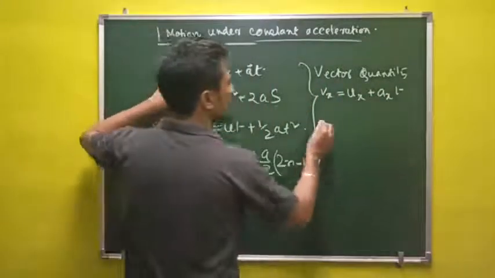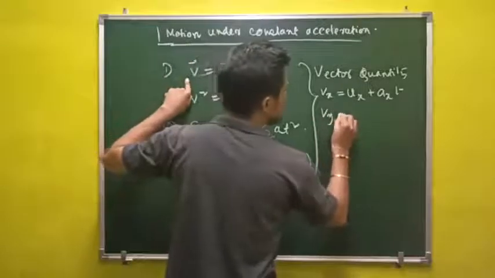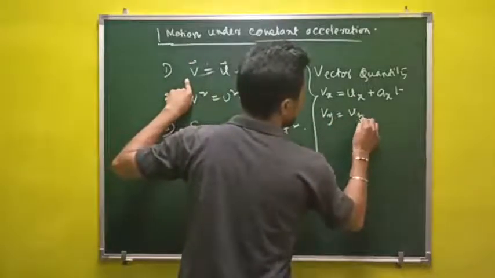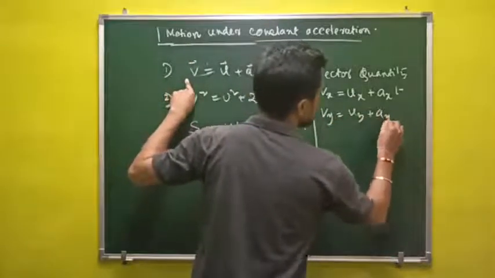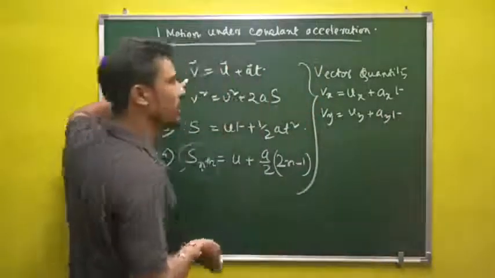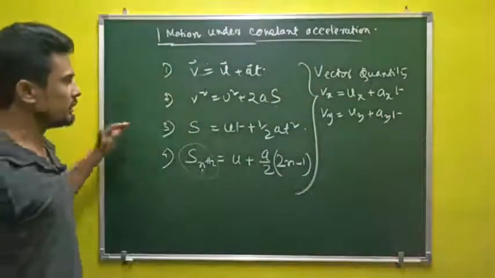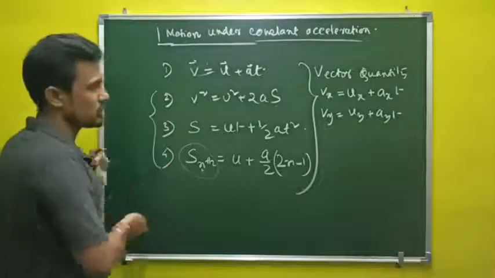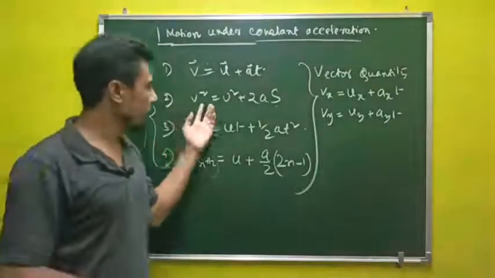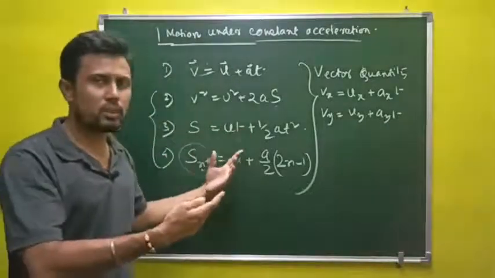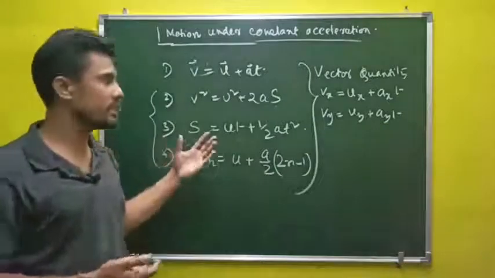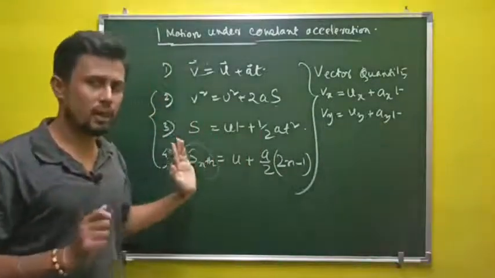Again, if you consider the equation along the y-axis, then these vector parameters should also be along the y-axis. Similarly in the other three equations, all the vector quantities are in the same direction, whether x or y.